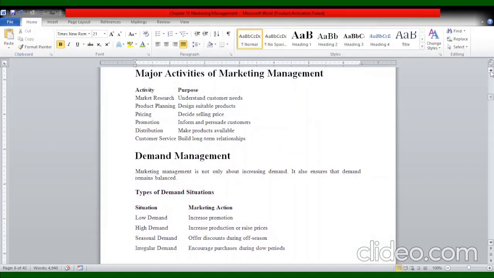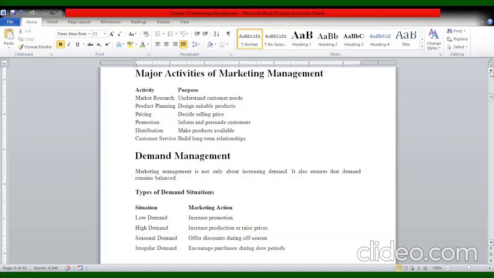After understanding marketing management and the traditional view of marketing, now we are moving towards the customer. From the customer point of view, you understand what the demand is and how it is managed. So marketing management is not only about information from the supplier's point of view, it is also from the customer point of view, right?